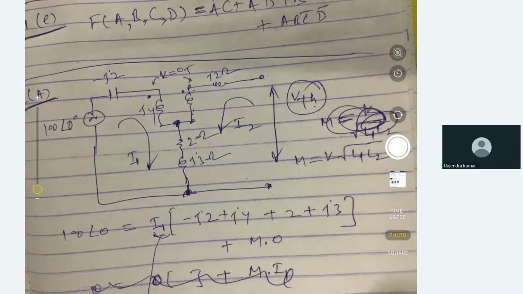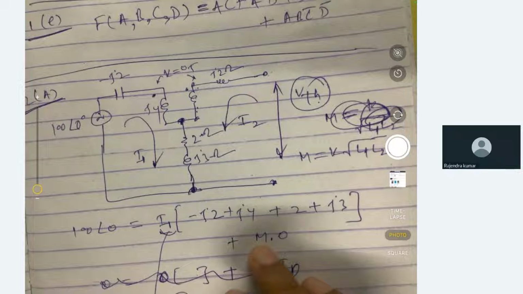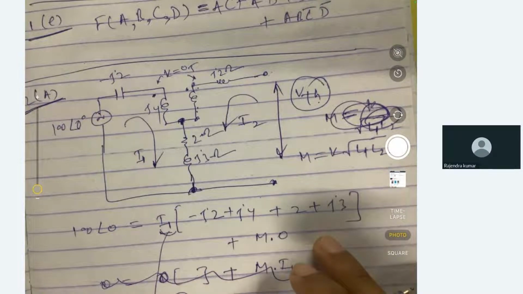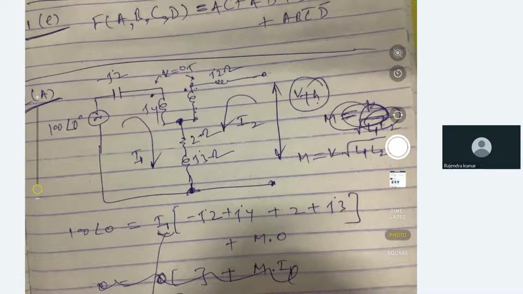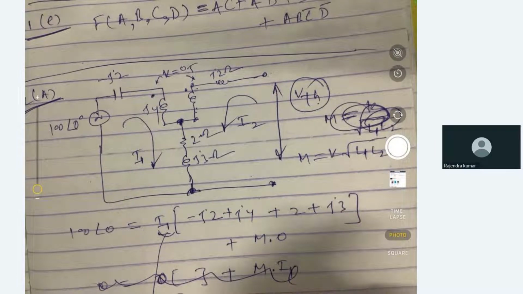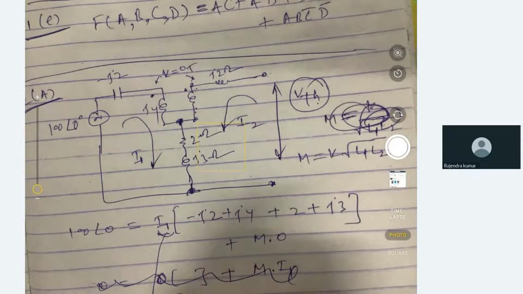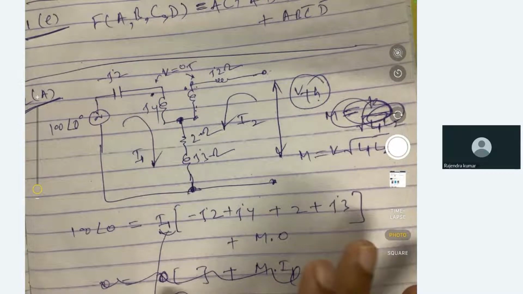First calculate mutual inductance M equal to K root L1 L2, and after that simply convert this into L1 minus M, L2 minus M, and in between mutual inductance plus M, considering both currents entering. Then it will be 100 at angle 0, minus J2, L1 minus M, in between plus M, and 2 plus J3, and on that side L2 minus M, with I2 entering and I2 0.